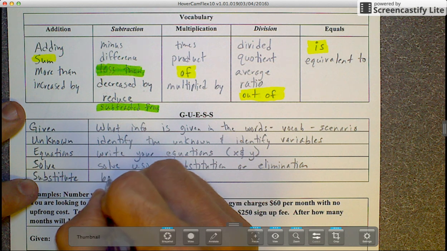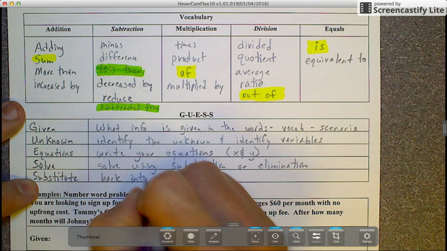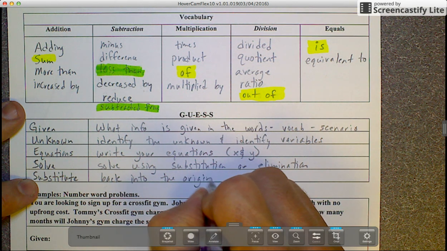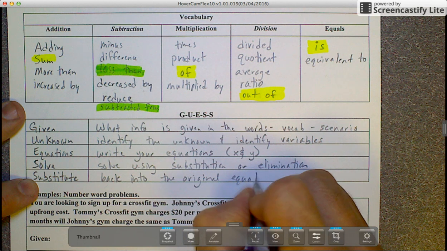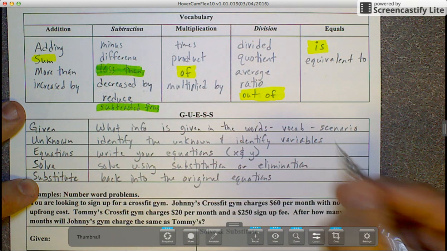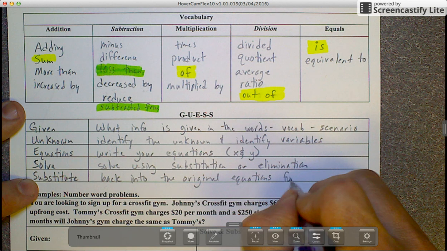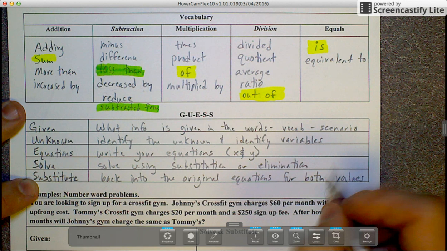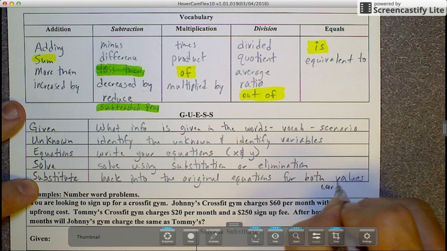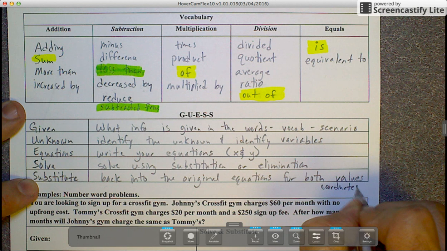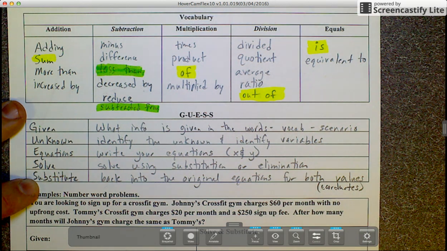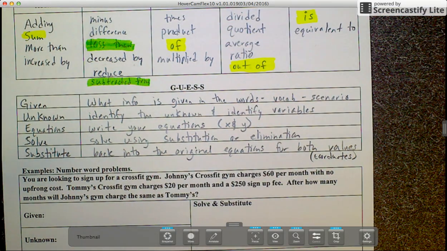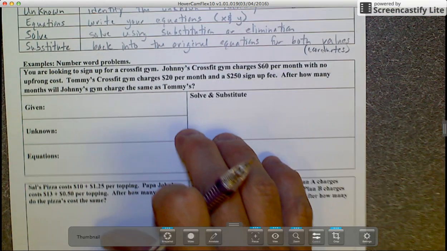So substitute back into one of the original equations for both values or coordinates. They're values now because they're in a word problem. If they were graphed, they would be coordinates. So let's take this information and go down and do a practice example.